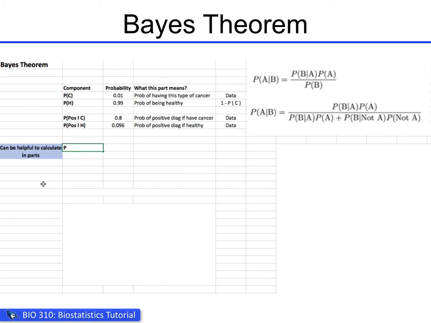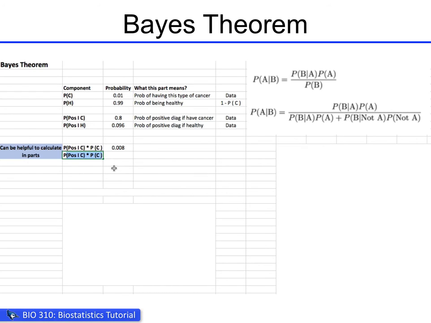So here we're going to multiply the probability of getting a positive result if you have cancer by the probability of having cancer. So this is simply equal to, we've already calculated this component, this times this. Okay.